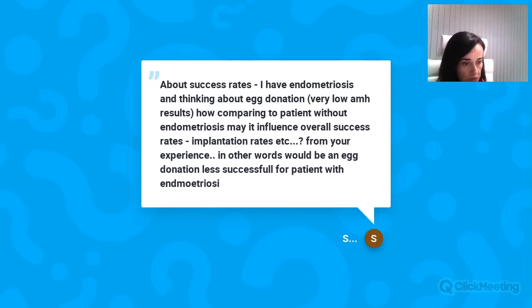It depends on if there is adenomyosis also. Endometriosis is a very big disease that can be very different in different patients with very different symptoms. So it depends on the severity of the endometriosis, but yes, it affects the pregnancy rates even in the egg donations because of the decrease in the endometrial receptivity.